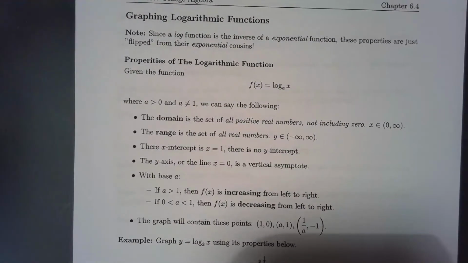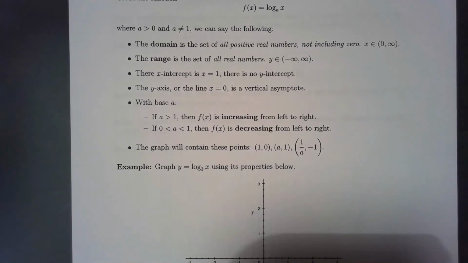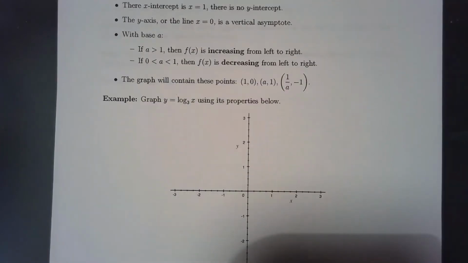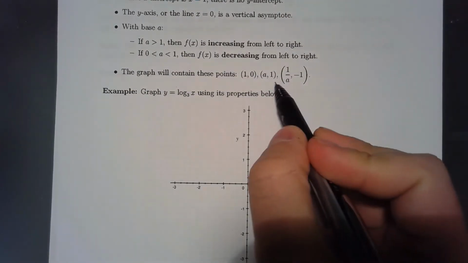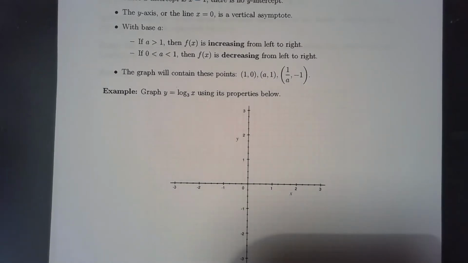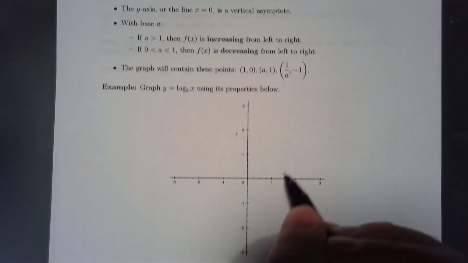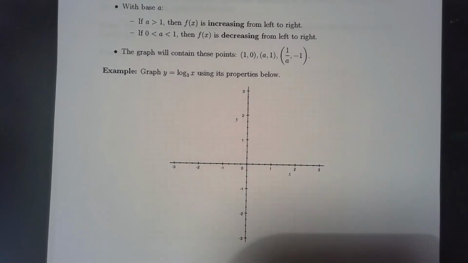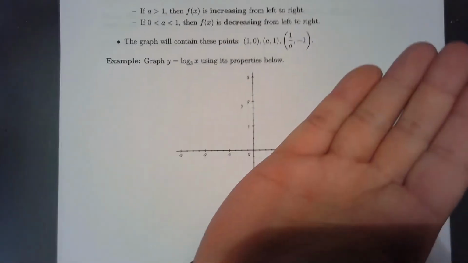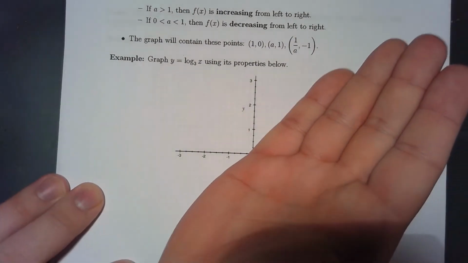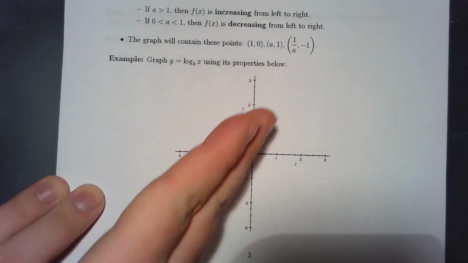So, one way you could get the graph of a logarithmic function is by looking at these points that contain a logarithmic function, or you could just look at the inverse. You could just graph the inverse of the function. Remember how the inverse function is symmetric to the line y equals x?